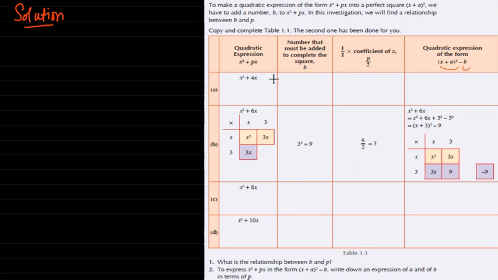Now see, if I write x square plus 4x, it's saying 1 by 2 of the coefficient of x. So the x coefficient is 4, so it is equal to 2, right? Now you can see that if I add 2 plus 2, it becomes equal to 4.